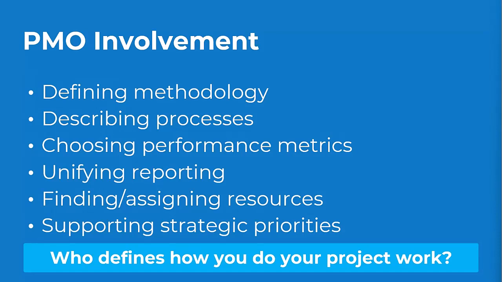If you have a PMO, as we're suggesting here on this slide, their work will shape this domain, from choosing the right performance metrics to making sure that you have resources available on your project to actually deliver what you're supposed to deliver, and understanding the strategic priorities. There is a lot to consider if your organization wants to achieve its goals.